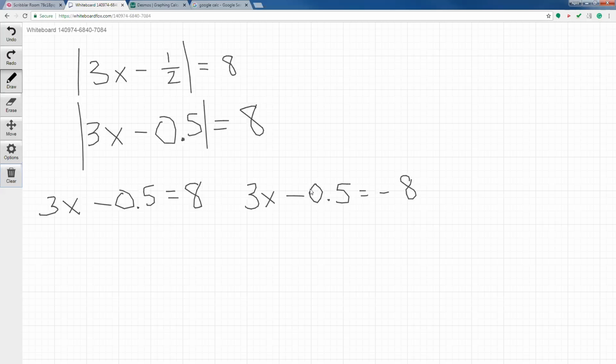Just like positive 4 was 4 spaces away from 0, and negative 4 was 4 spaces away from 0. Positive 8, -8. So what I remember is one option is positive, one option is negative. If you forget why, that's the most important part, is how do we do it? One's positive, one's negative. Then we solve our equations.